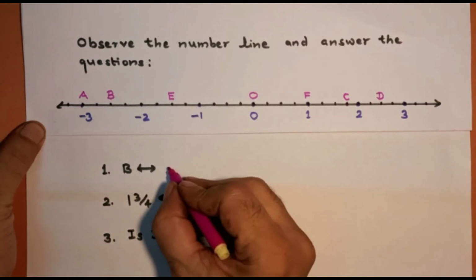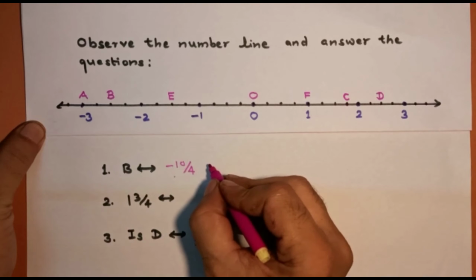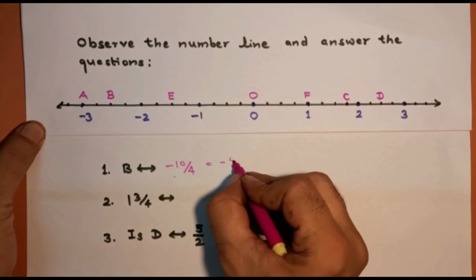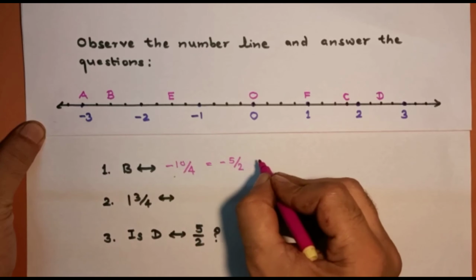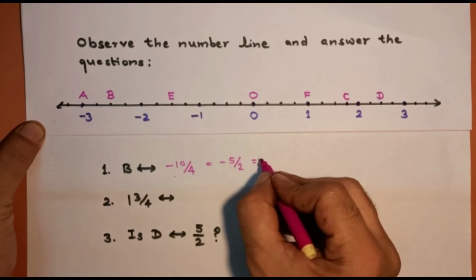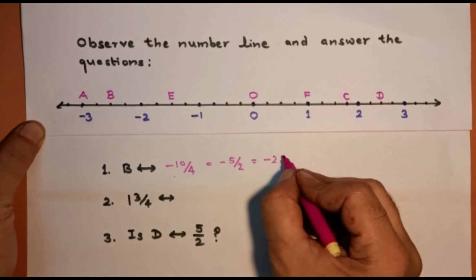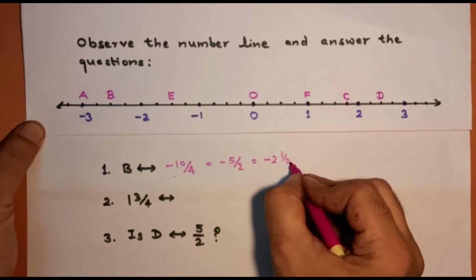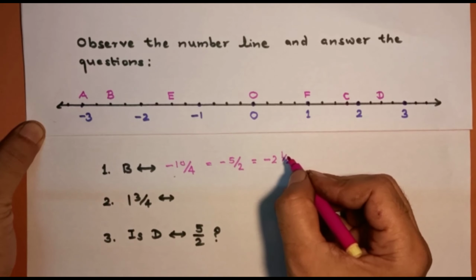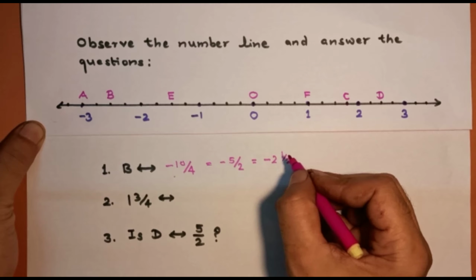So we will write minus 10 upon 4. You can simplify further and write minus 10 upon 4 as minus 5 upon 2, which is also written as minus 2 and 1 upon 2.